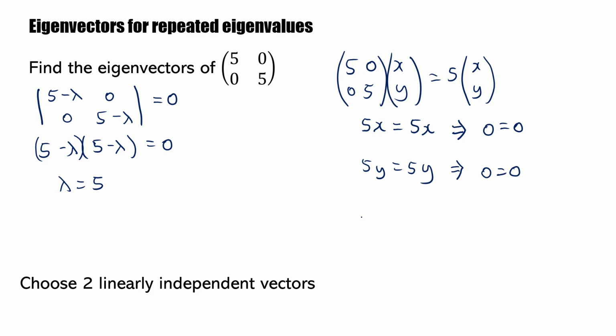Now, linear independence for vectors just means that if you have a set of linearly independent vectors, then all the vectors in that set cannot be written as a combination of the other vectors in that set. In the case of real two-dimensional space, that means we only need two vectors, and we just have to make sure that one is not a multiple of the other. In other words, we just got to pick two vectors that are not parallel to each other.